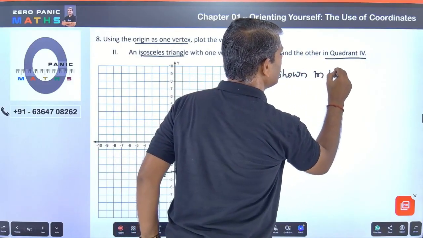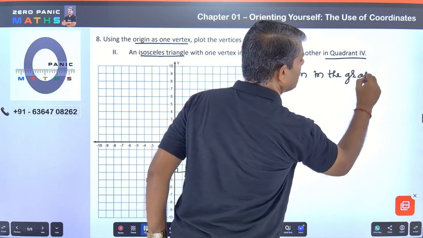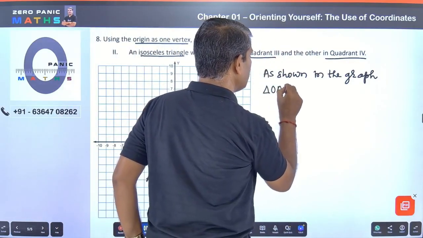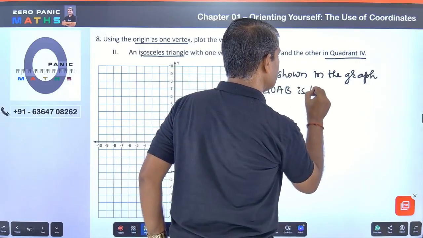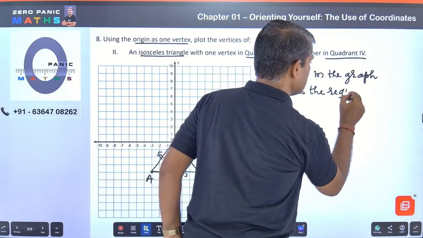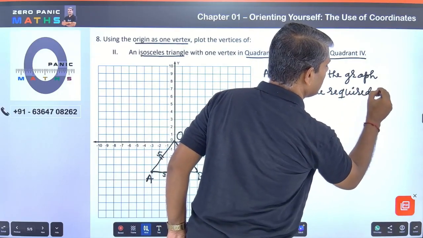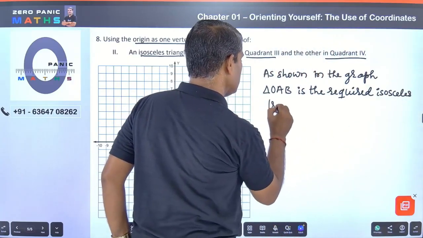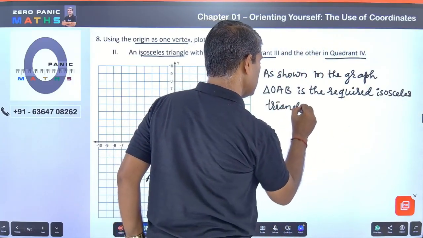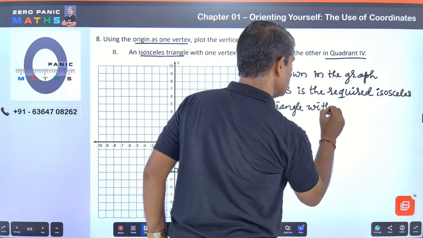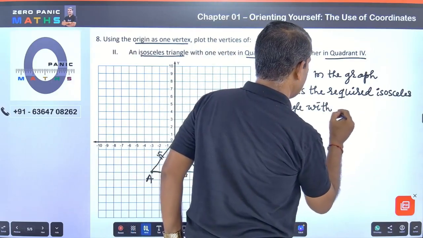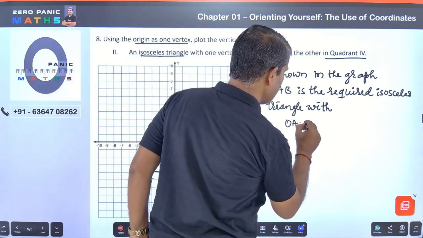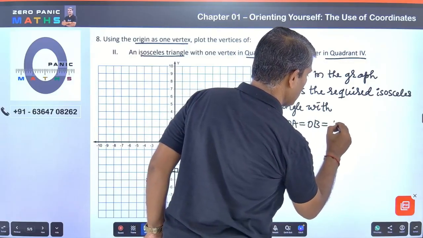As shown in the graph, triangle OAB is the required isosceles triangle, with OA is equal to OB is equal to 5 units.